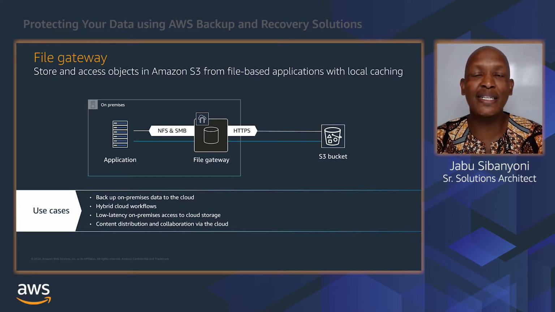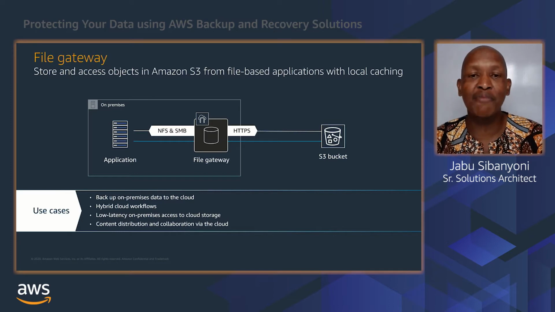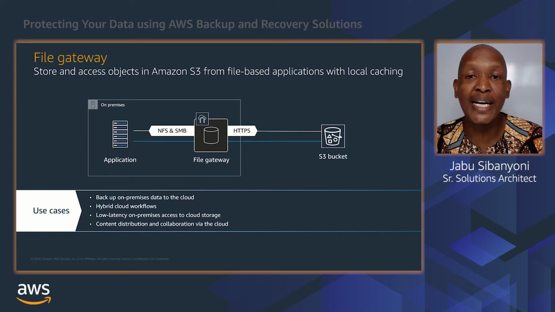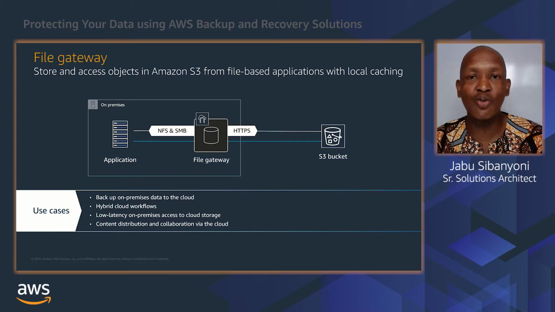All the data transferred into AWS is encrypted in transit and also encrypted at rest. So if you happen to have been attacked by ransomware, you are able to use this file-based data that you stored on AWS to recover your service.